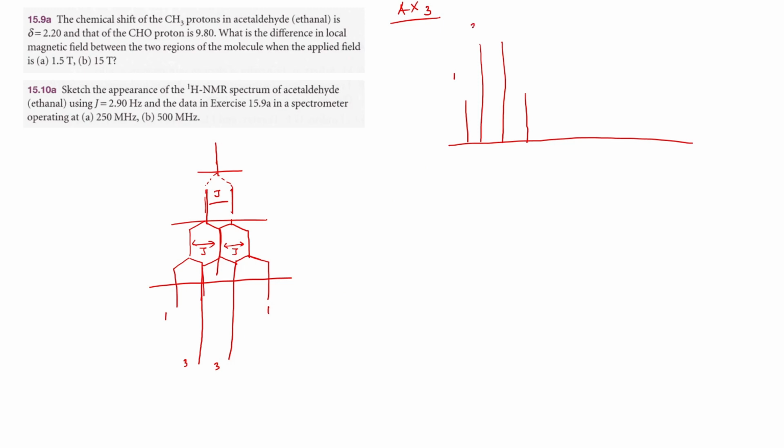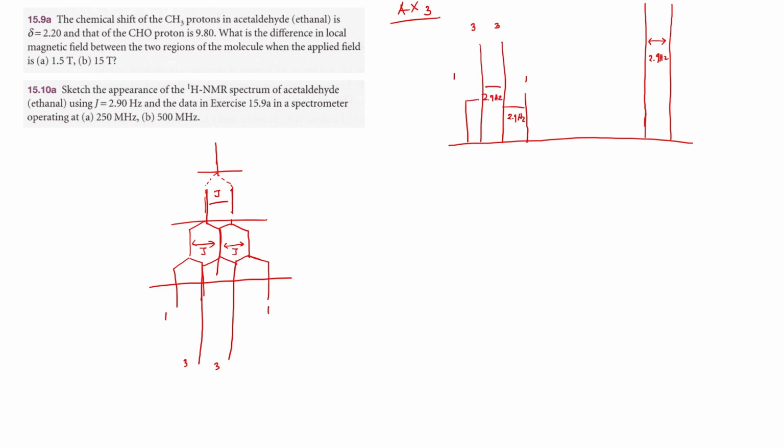So for acetaldehyde, the aldehyde proton will split like this, and your methyl protons are going to be split in a doublet, right? And the J is given as 2.9 Hz, and here also 2.9 Hz.